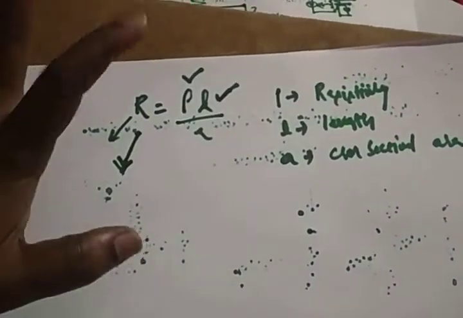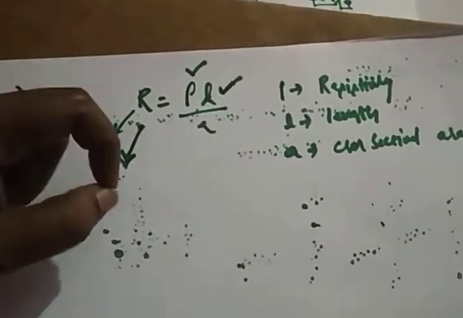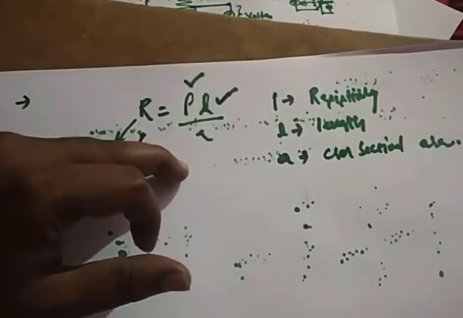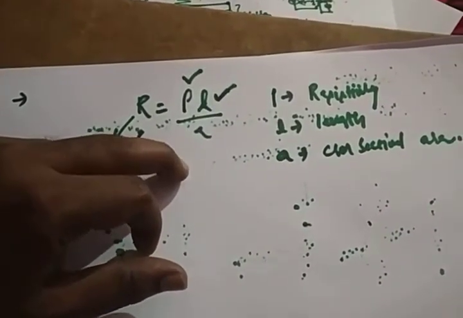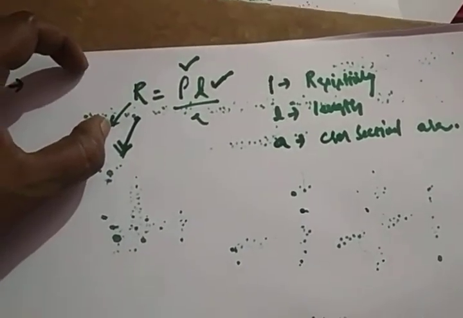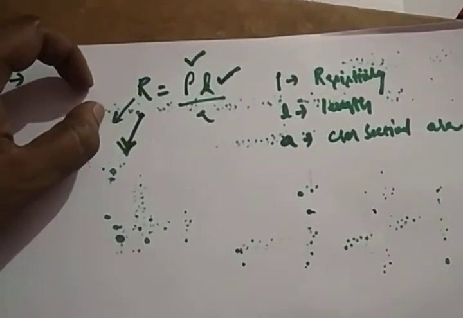So my resistivity is a non-electrical quantity, and the resistance and the voltage coming out from the transducer is the electrical quantity. This type of transducer we can call a resistive transducer. That is a displacement transducer. If you have a cross-sectional area, we don't have any direct measurement of cross-sectional area. If you change the cross-sectional area, your resistance will change, and with that we can easily find the change in voltage.